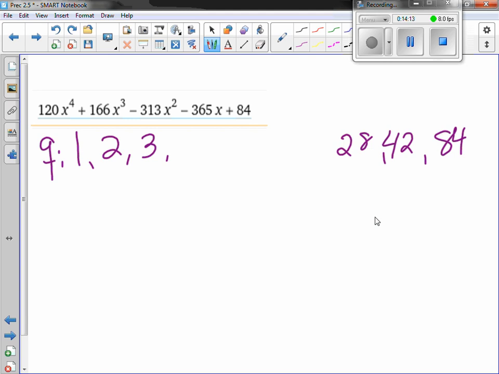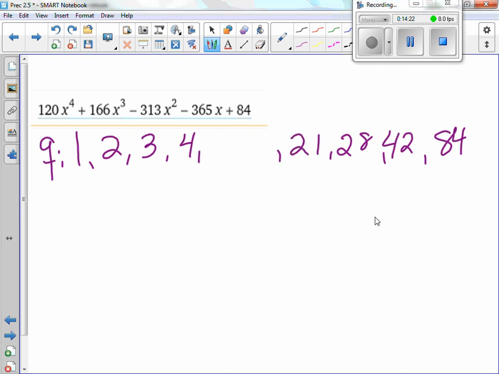And you can try that in the calculator, just make sure. 4 and 21. 5 doesn't work, but 6 does. 6 will work.